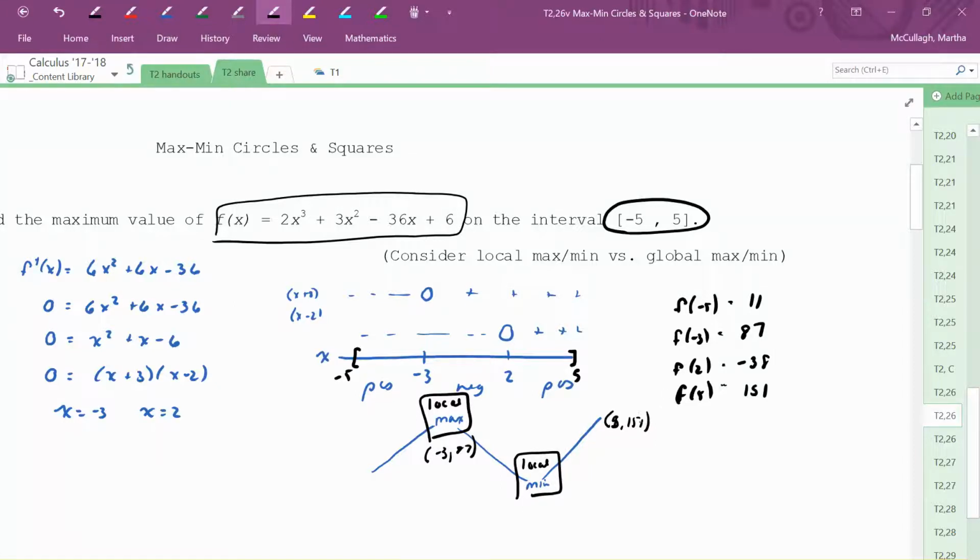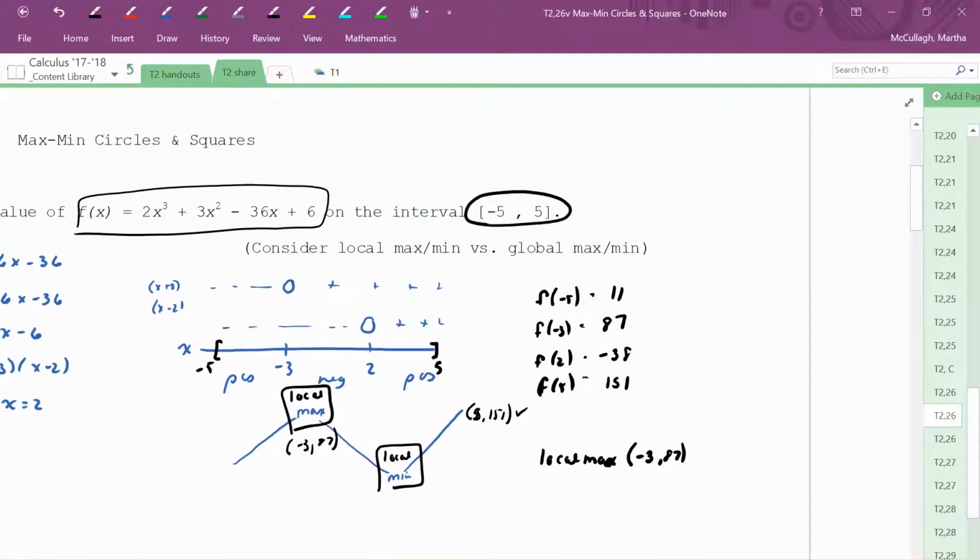So our global maximum is here. If I'm looking at my local max, it is -3, 87. But my global max is at 5, 151.